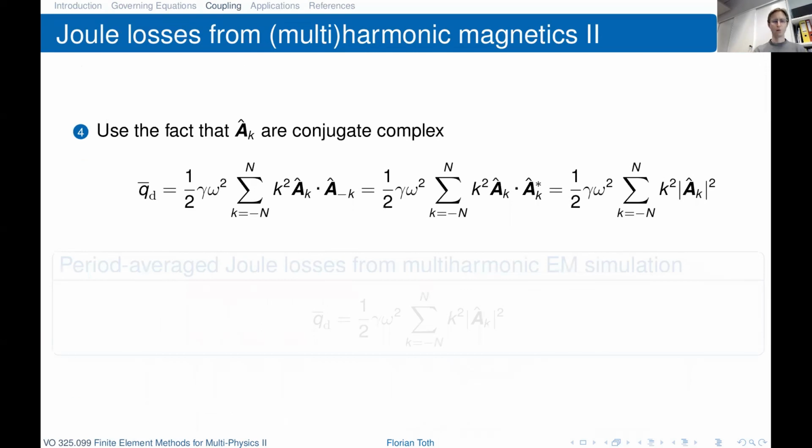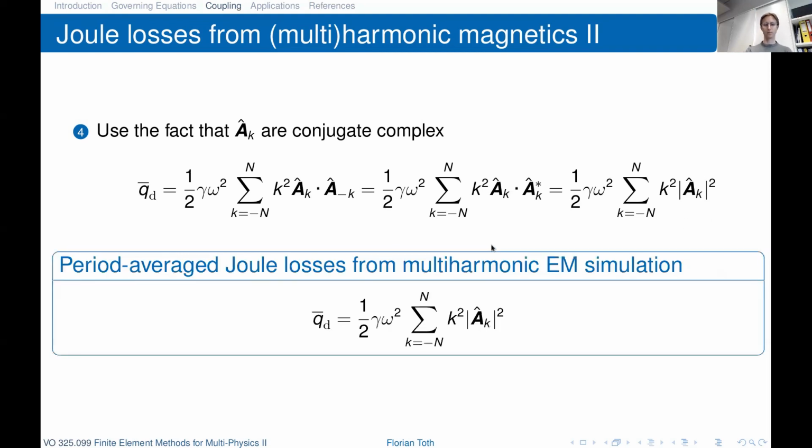We can actually use another identity of the complex Fourier series, namely that the corresponding coefficients A_k and A_minus_k are complex conjugates. So we can use this here and write this then as the absolute value of our harmonic amplitude. So thereby we get the period averaged Joule losses for multi-harmonic magnetic simulations.